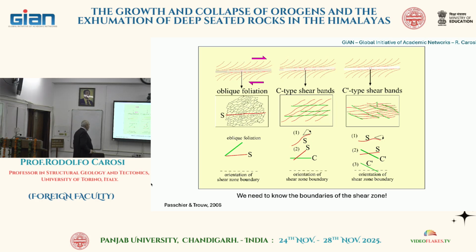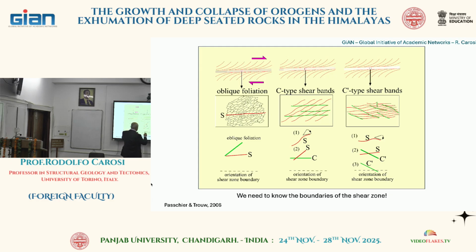Okay, these are some pictures from Passchier and Trouw, the book. You can see the SC shear bands, the C prime shear bands, and usually it is said that the C prime shear bands develop at the end, in the inner part of the shear zone.